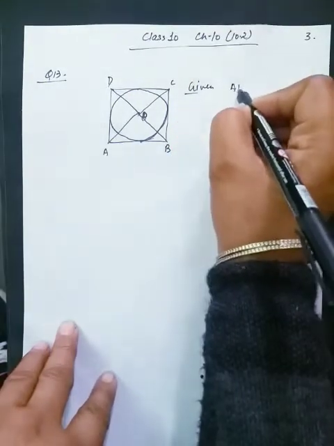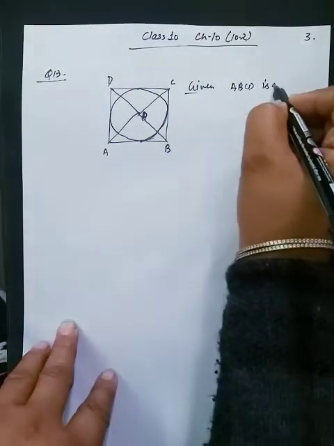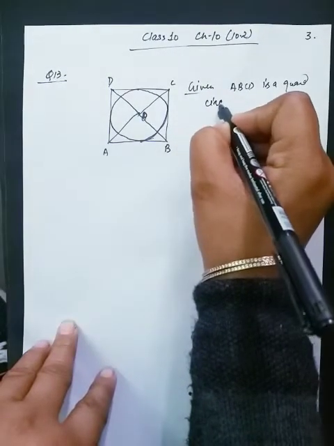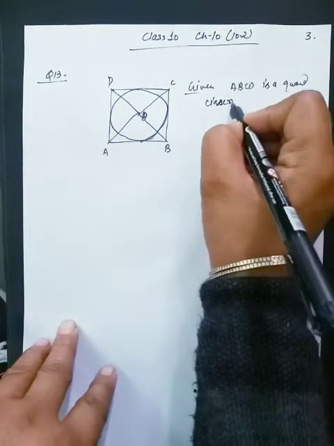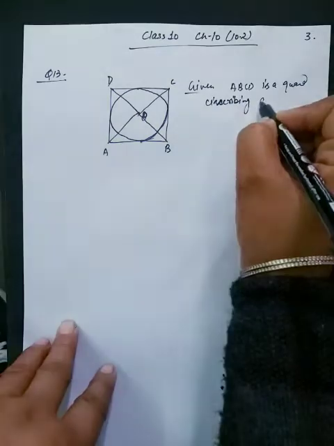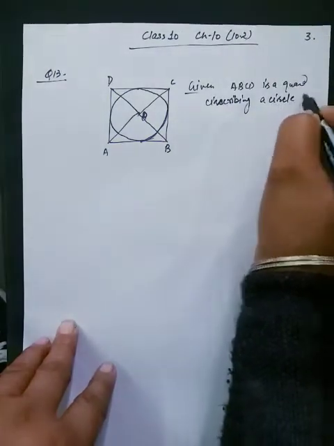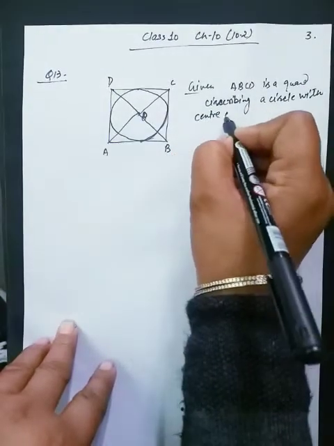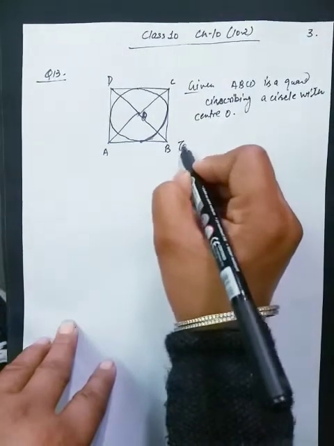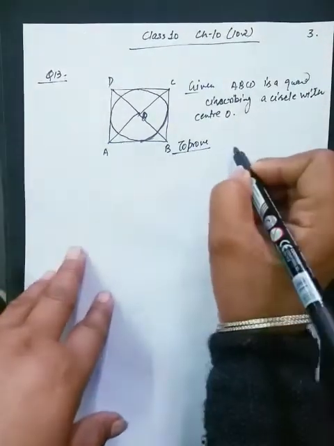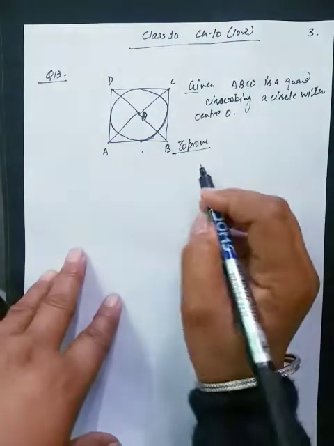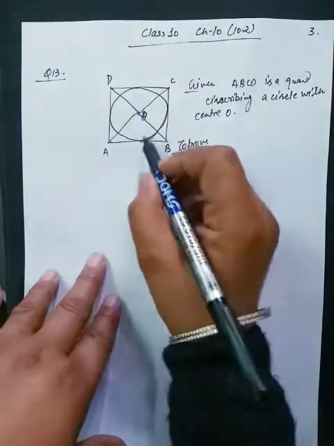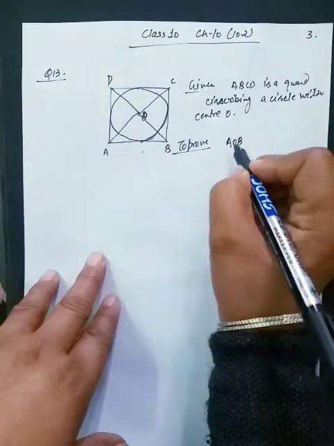So given, ABCD is a quadrilateral circumscribing a circle with center O. To prove, angle AOB plus angle COD is 180 degree, because AB and CD are its opposite sides and angle subtended by AB at the center is angle AOB.